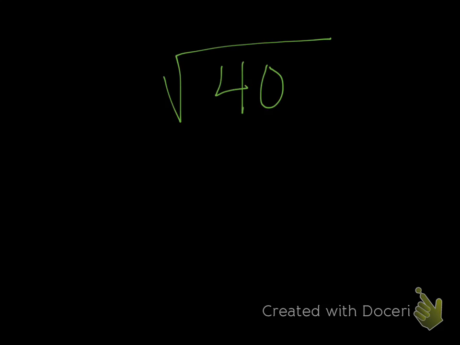Okay, 20 plus 20 is 40. Remember, we're multiplying. I'm asking you what two numbers multiplied together would give you 40. And I would also, hang on, here's the fun part, be able to find a perfect square factor.